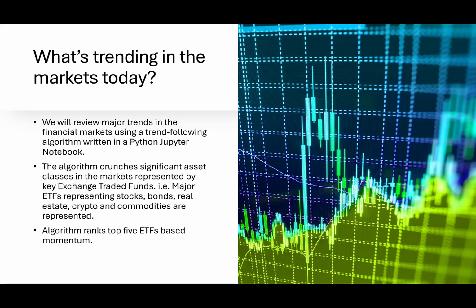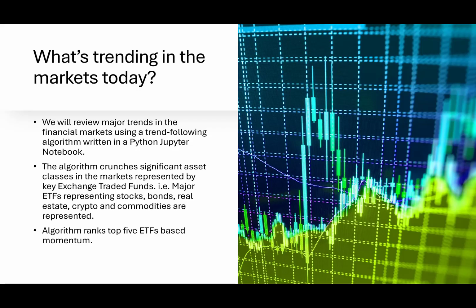And what this algorithm does, it crunches information and data on significant asset classes represented by key exchange traded funds or ETFs. And so it takes in information from Yahoo Finance on major ETFs that represent asset classes like stocks, bonds, real estate, cryptocurrency, and commodities.